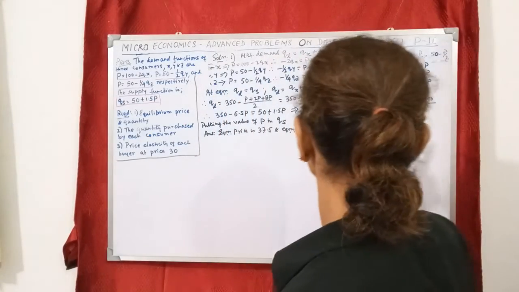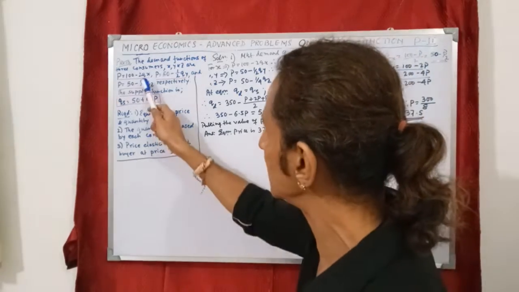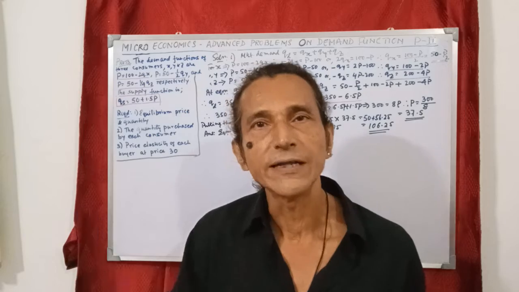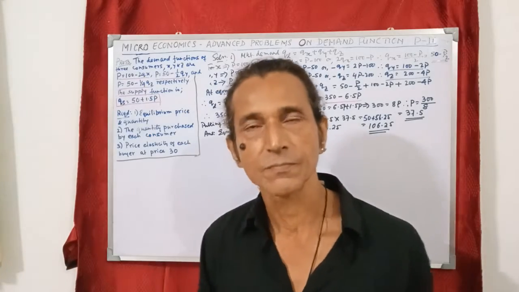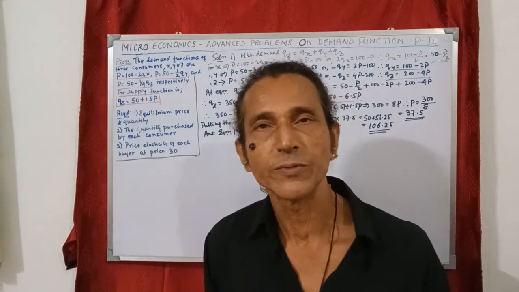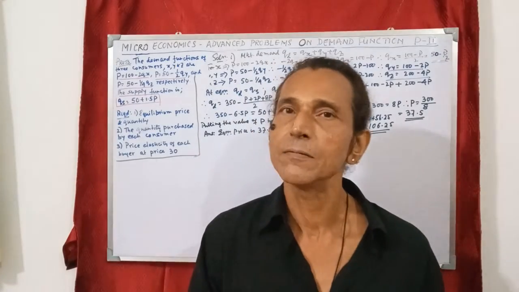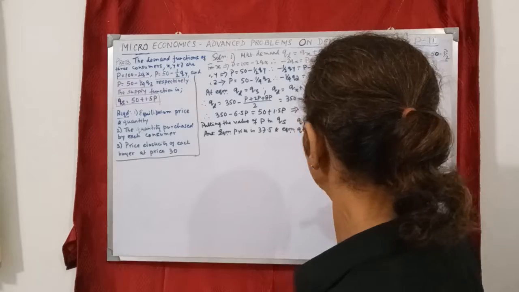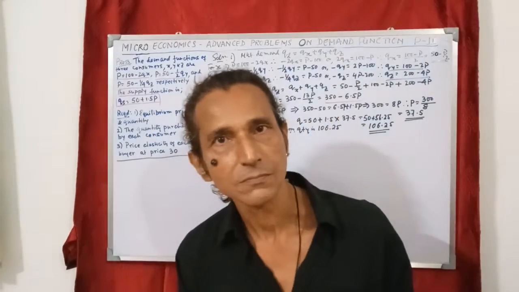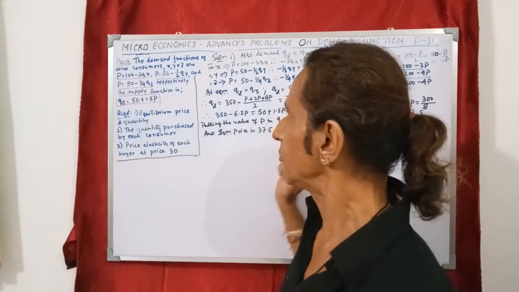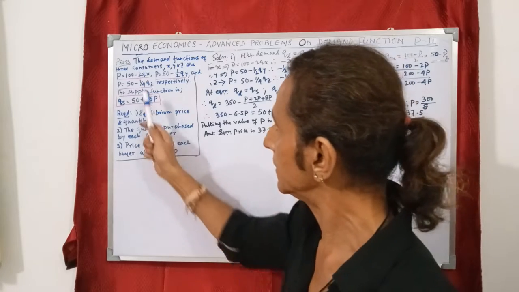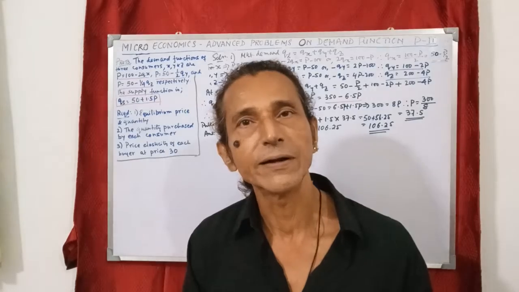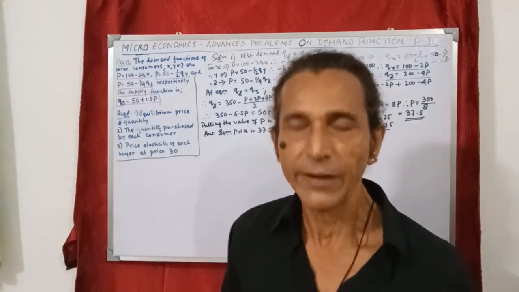So if we put the value of P in the individual demand functions, then we shall get the quantity demanded by individual buyers, right? The consumers are purchasing the commodity at the market price, that is 37.5, the equilibrium price. If we put the equilibrium price in the individual demand functions, we get the quantity demanded by individual buyers.